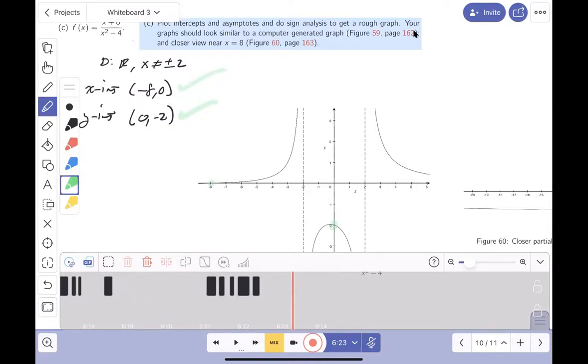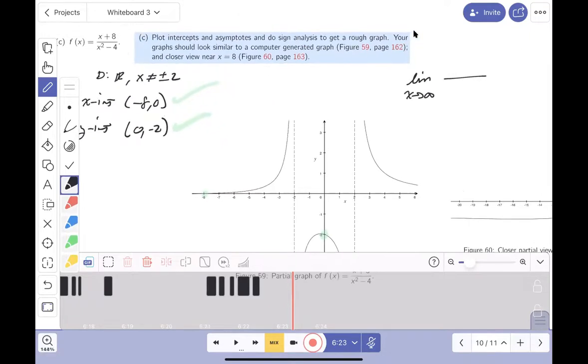Let's look at the horizontal asymptote. All right. I'm going to put that down for you. The limit as x goes towards infinity of the function, highest degree variable is x squared. Kind of did this before, right? It's just going to be 1 over x plus 8 over x squared, and the bottom would be 1 minus 4 over x squared.